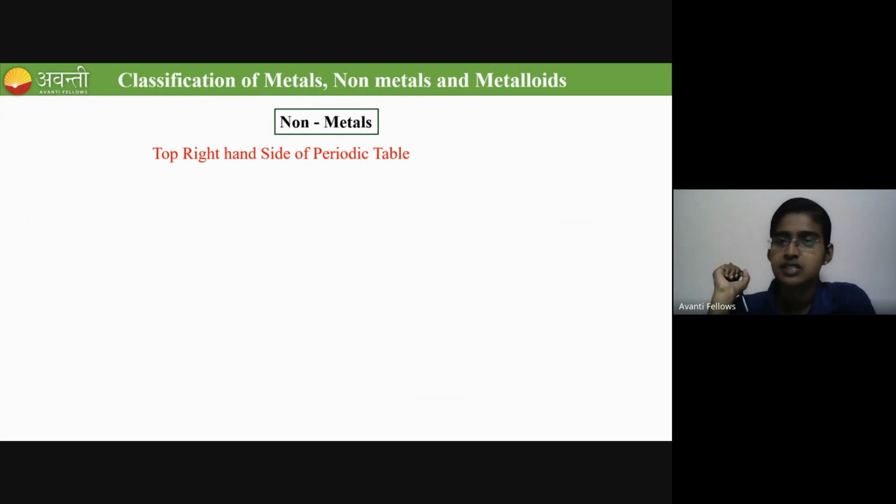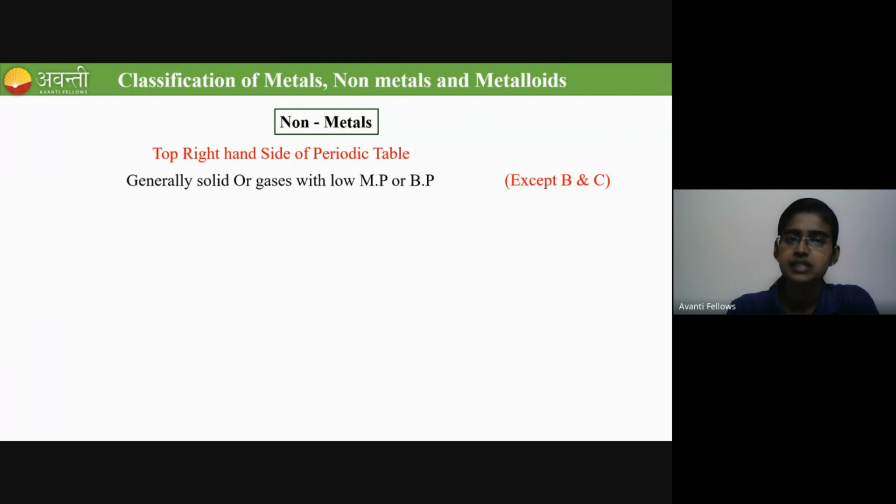Can you name one or two non-metals present there? Helium, we have oxygen, we have nitrogen, we have fluorine, argon, neon, etc., right? So they are the elements which are present at the top right-hand side of the periodic table.